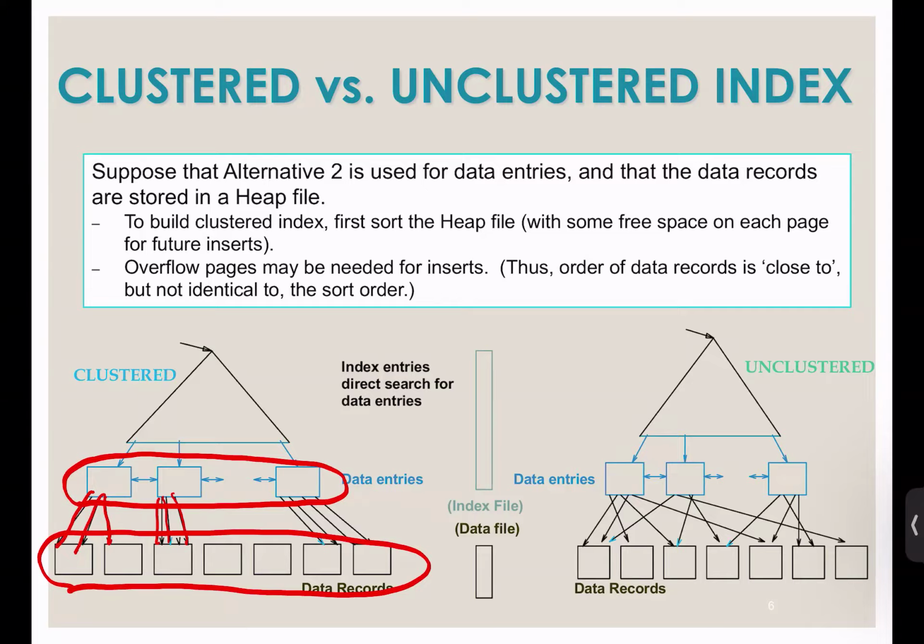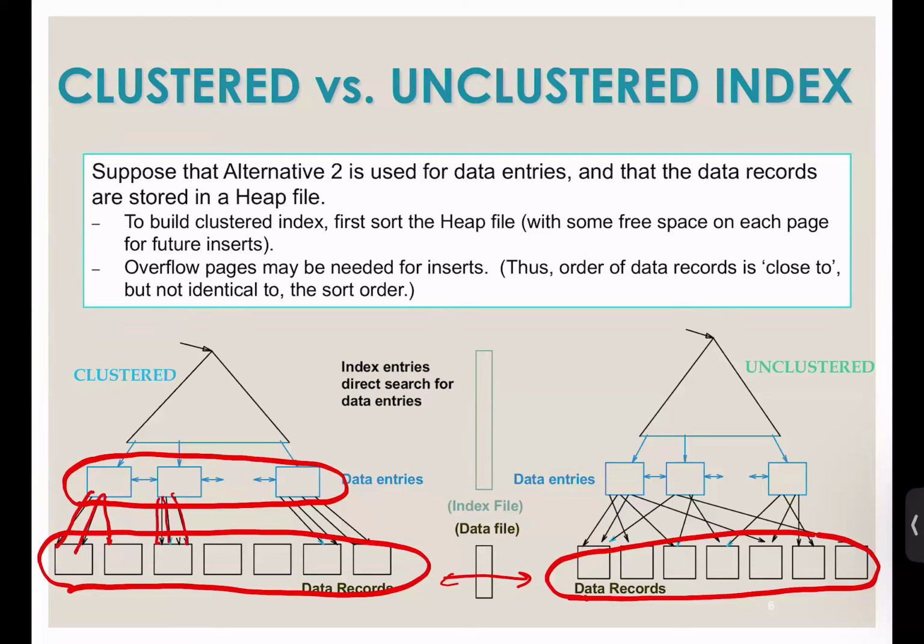But if it's unclustered, let's say you have the same data records, so you have the same ordering. But the data entries may be sorted based on search keys, other fields.